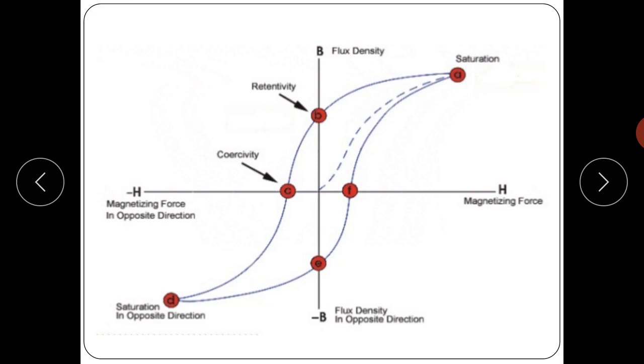Then B also increases negatively, and the flux density reaches a maximum but in the opposite direction.